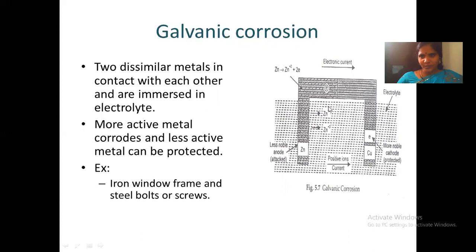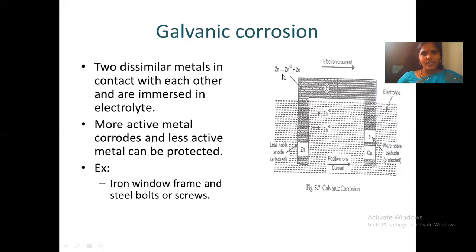In the picture you can see two metals in contact with each other. One is zinc, which is the more active metal, and copper is acting as a cathode, the less active metal in this combination. So zinc will act as anode and copper will act as cathode, in contact with an electrolytic solution, the medium.